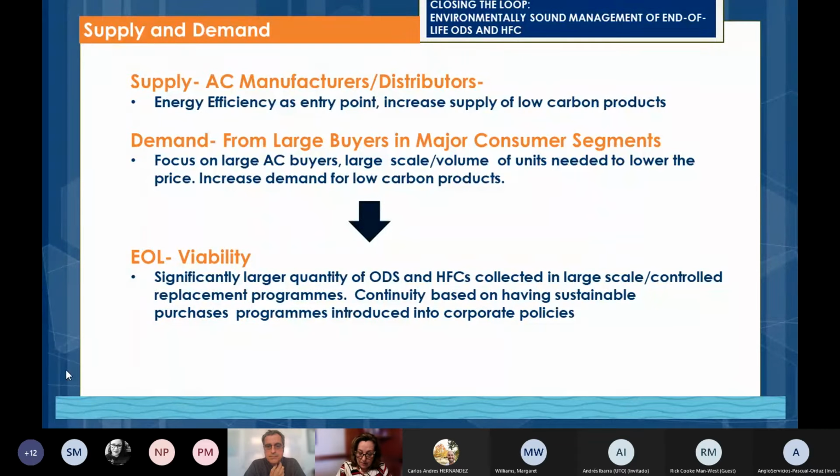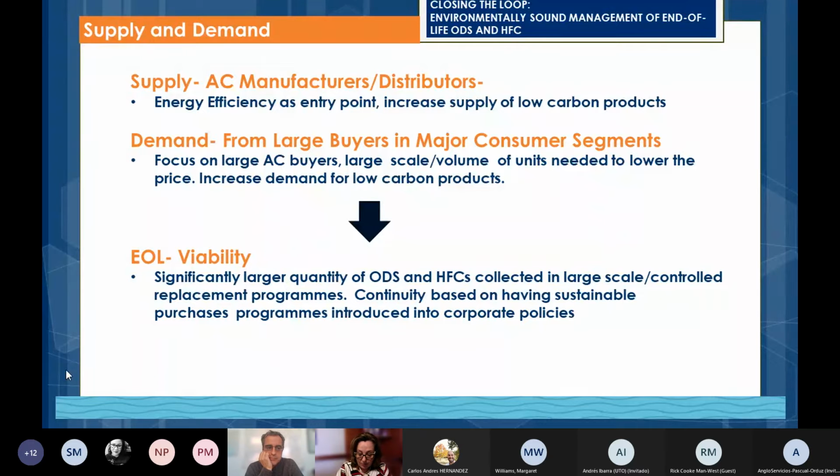So you wonder how the sound management of end-of-life ODS and HFCs comes into the scenario. Those large equipment replacement programs will bring control of a collection of significant large quantities of ODS and HFCs.